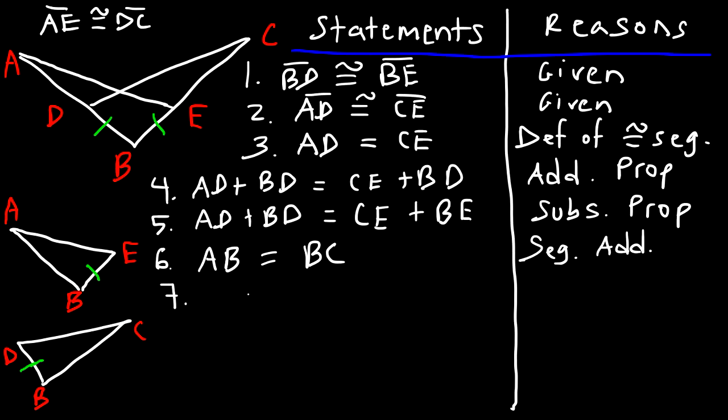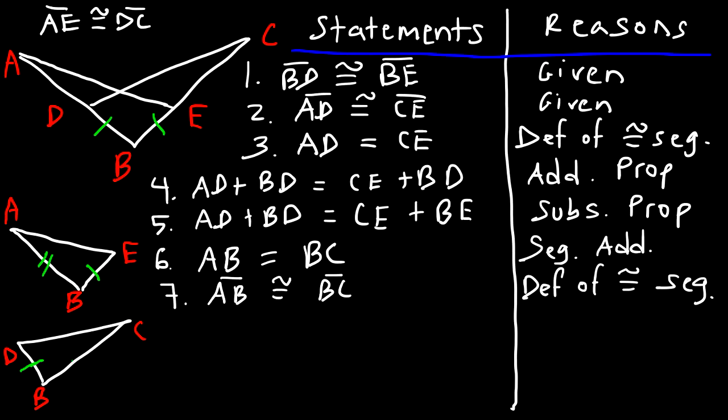Now in step 7, we can say that segment AB is congruent to segment BC, and that's definition of congruent segments. So now we can mark that on the triangle. So this is AB and this is BC. They're congruent.